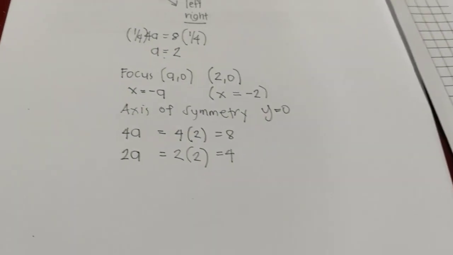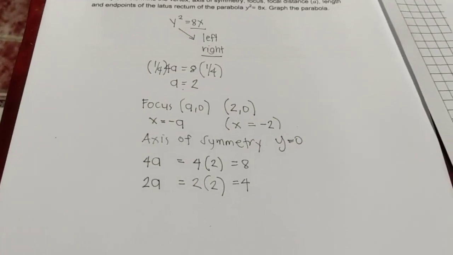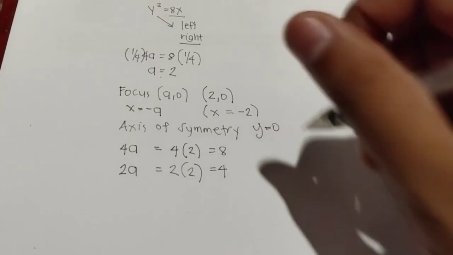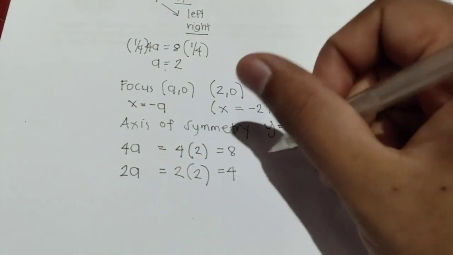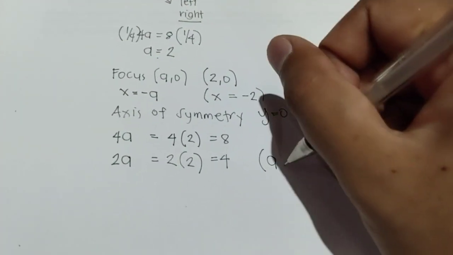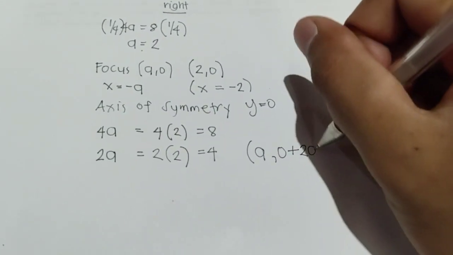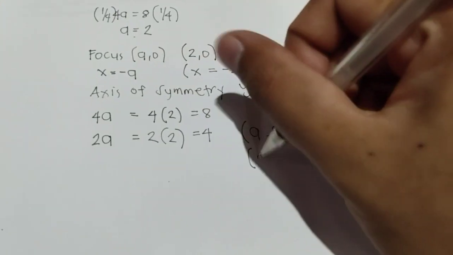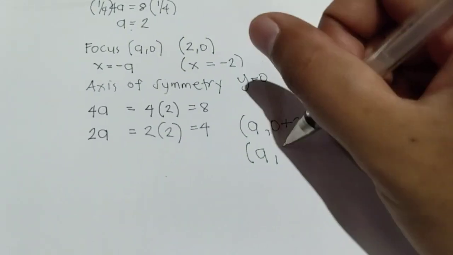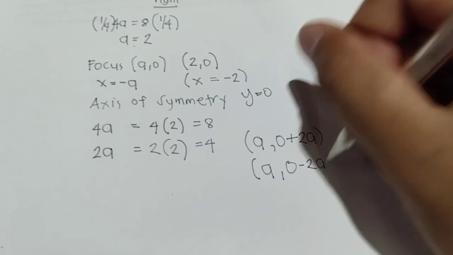So the endpoints of the latus rectum of the parabola that opens to the right are (a, 0 plus 2a) and (a, 0 minus 2a).